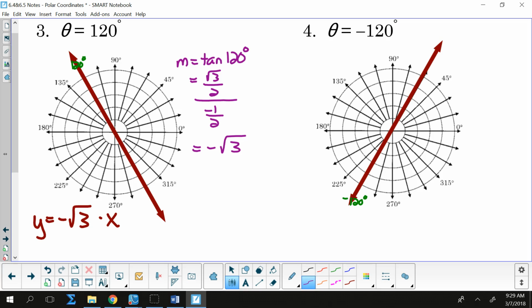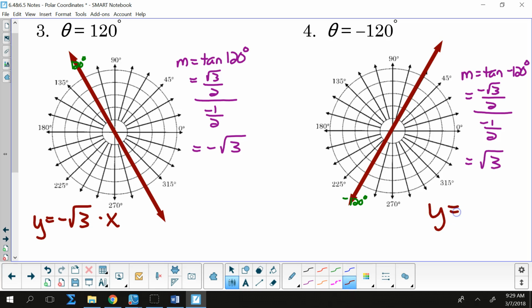My slope is going to be the tangent of negative 120 degrees, which is going to be negative square root of 3 over 2 divided by negative 1/2, which is going to just be positive square root of 3. So my line, because it goes through the pole, is that.